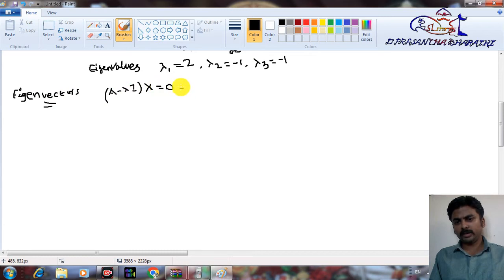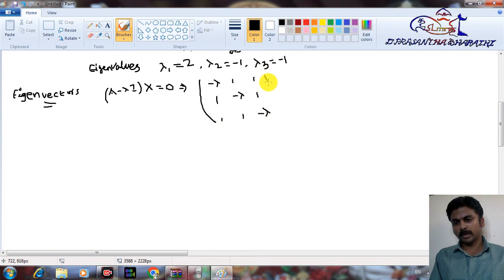and we know what our A is. The diagonal elements are only 0, so minus lambda, and the remaining elements are all 1, so here also minus lambda, it is 1, and here also minus lambda, and here also 1 and 1.